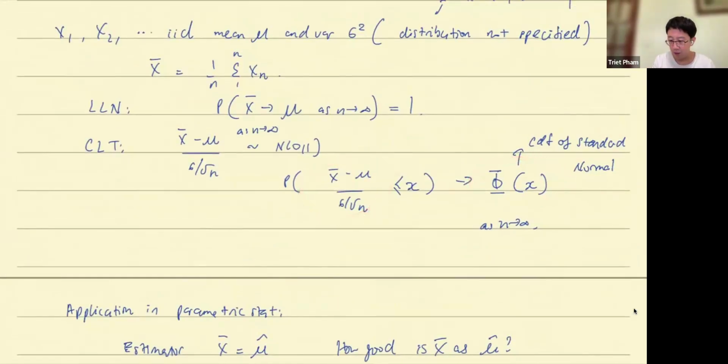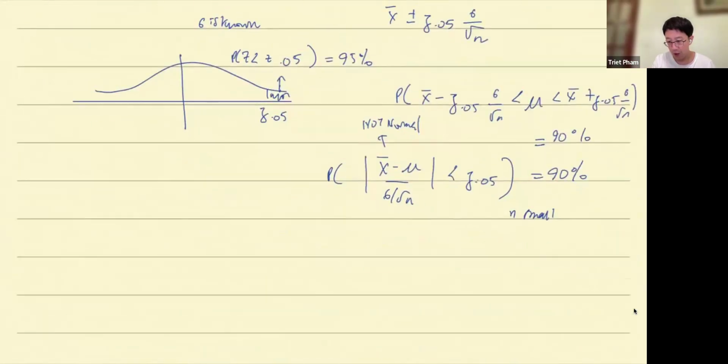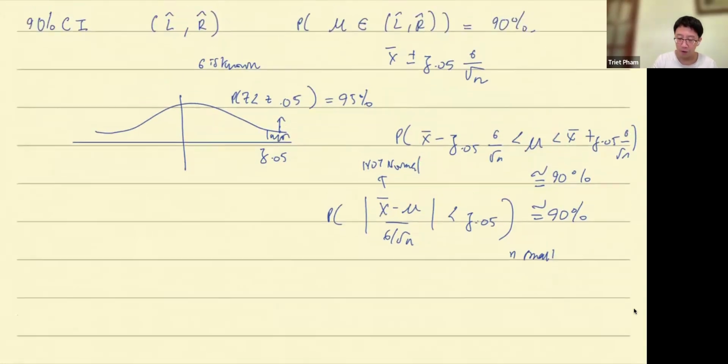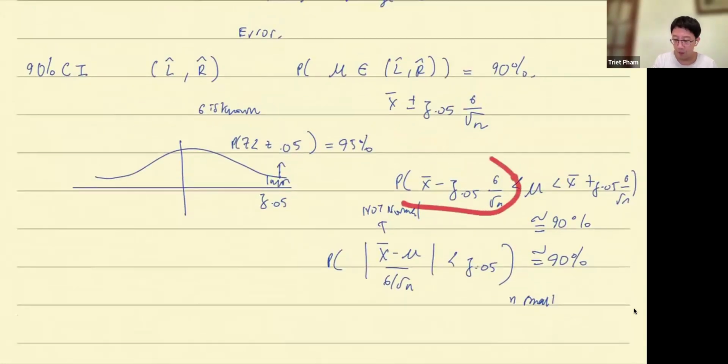But notice this is converging as n goes to infinity, so you need a large sample. If you have a large enough sample, then this number is approximately 90%. So you could wave your hand and say it's 90%. This is true, but this is called an asymptotic confidence interval. It is roughly true, but it cannot be true when n is small.